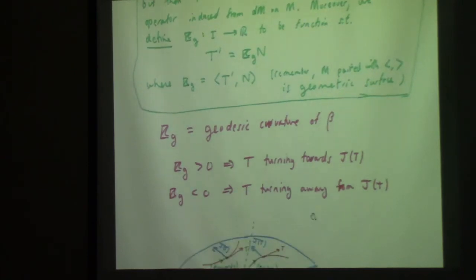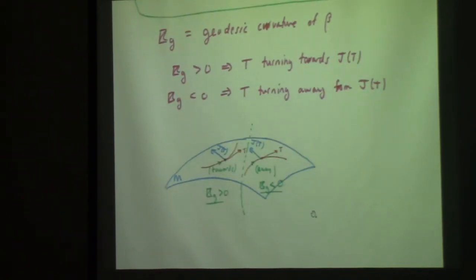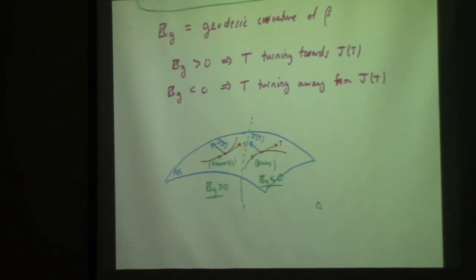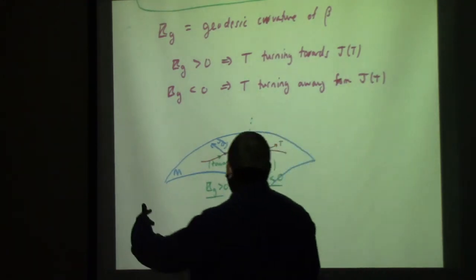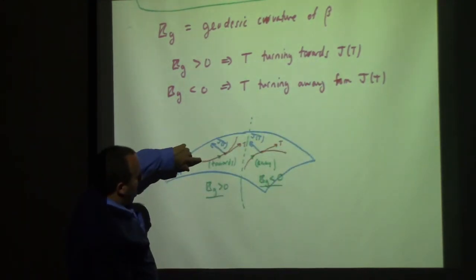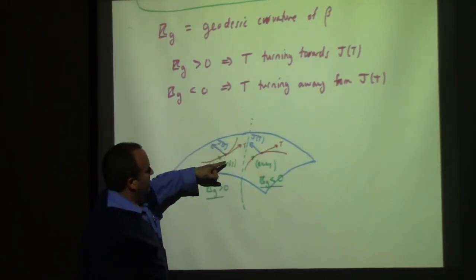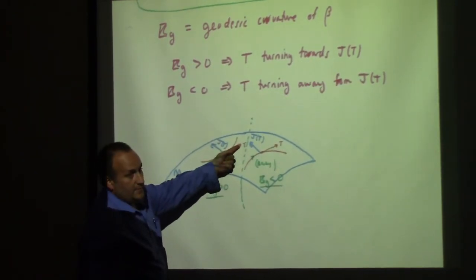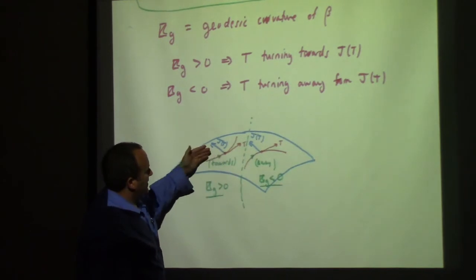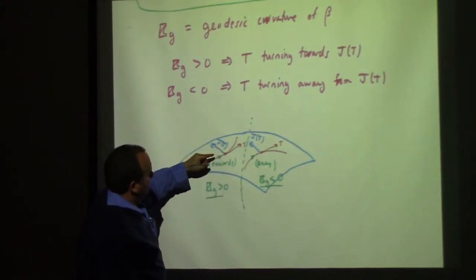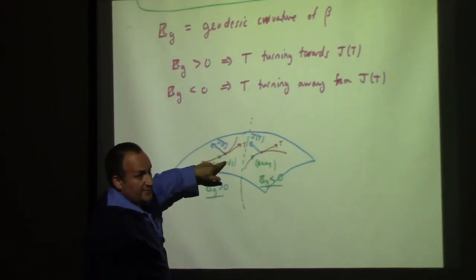Here's some pictures of that. Let's see if I can kind of trace out what's going on here. So here's our curve, and here's the tangent. Here's the rotated tangent. What's happening as the curve goes on? See what happens with this one?